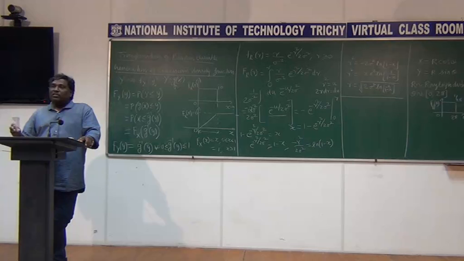So what exactly do we have to do? We have to generate the uniform distribution. That is the starting point. Then you convert that uniform to the required density function.